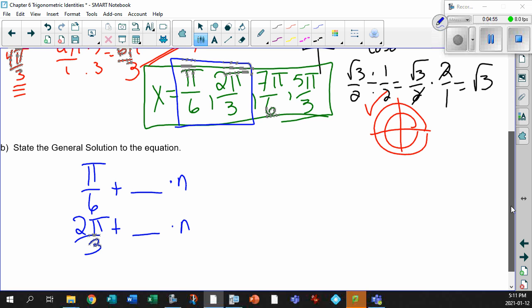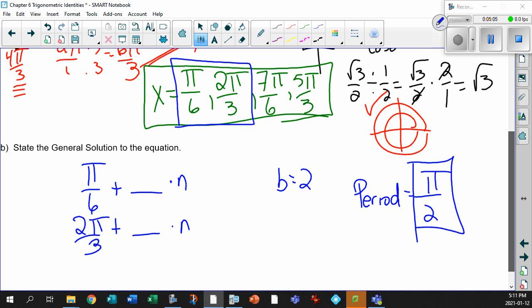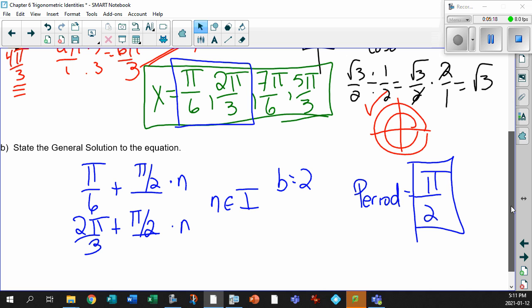You know and I know that the b value is 2. So the period of tan is pi over the b value. Aha, there's the period. So guess what? You're going to have to add pi over 2 times n, where n is an element of the integers. But wait, this looks kind of strange, doesn't it?